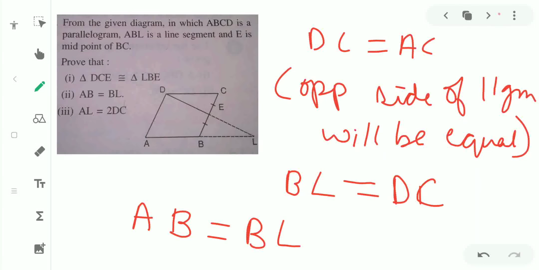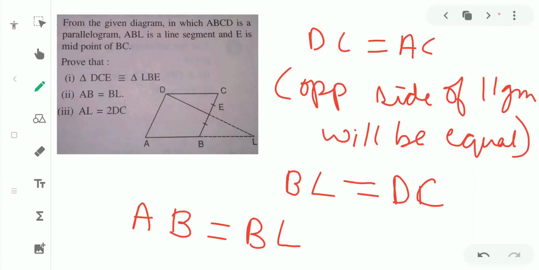Now AB is equal to BL, so I will consider AB as X, so automatically BL will also be X, so AL is equal to 2X. I hope the concept is clear till now. I'll explain it to you again.